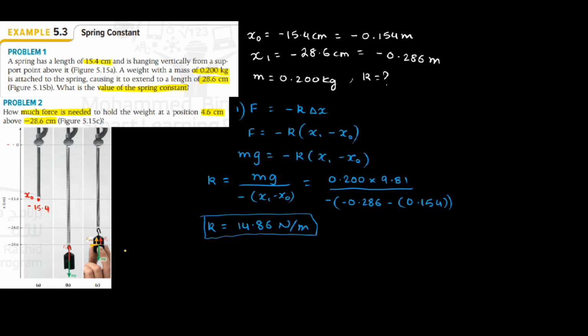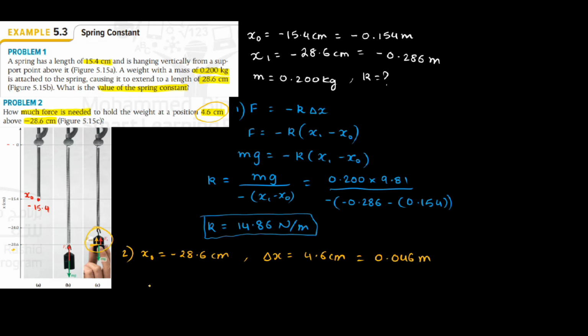Let negative 28.6 be my new equilibrium position. My displacement from the equilibrium position is 4.6 centimeter, which I can write as 0.046 meter.